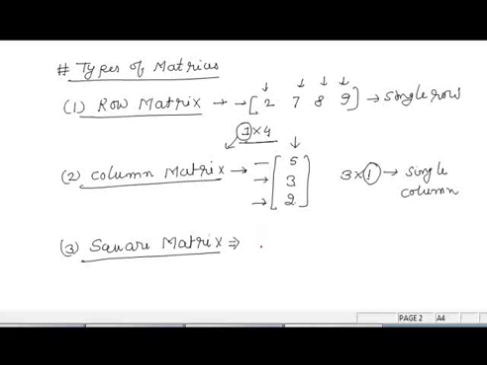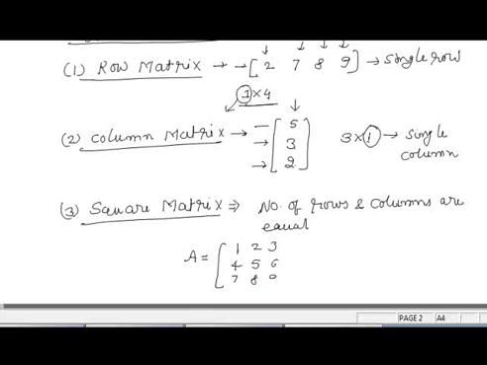So in terms of matrix, when the number of rows and columns are equal, then the matrix is called a square matrix. An example can be written as 4, 5, 6, 7, 8, 9. It contains 3 rows and 3 columns, so the order of the matrix is 3 by 3.